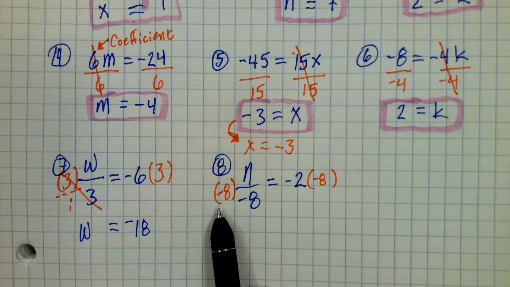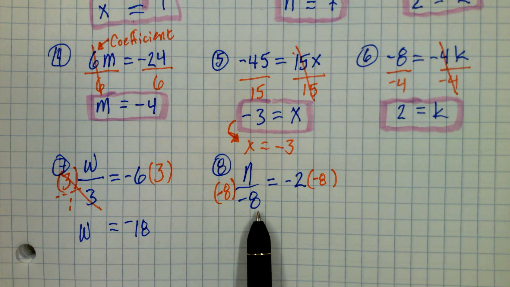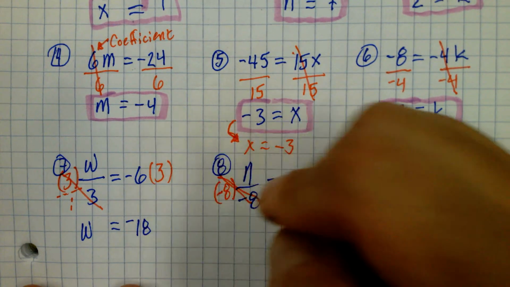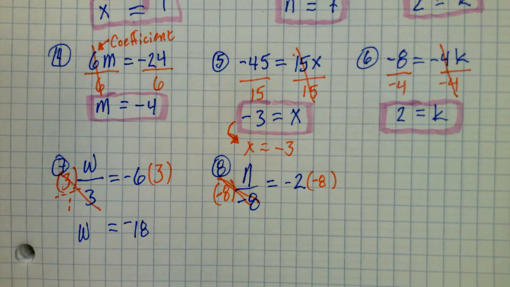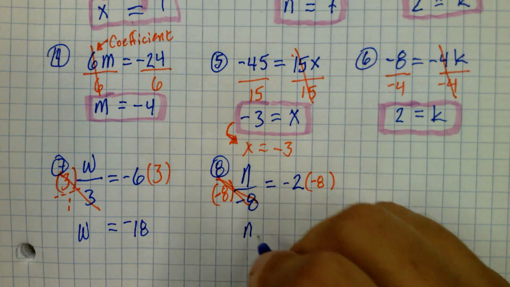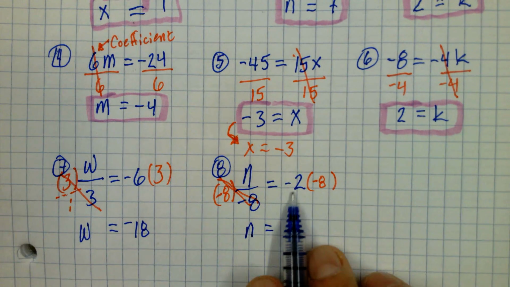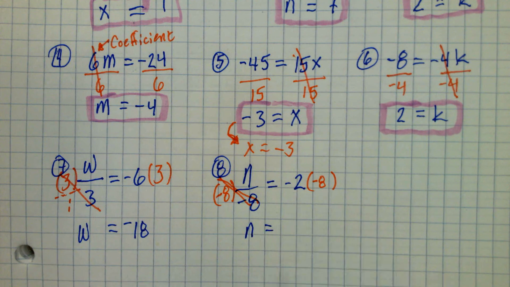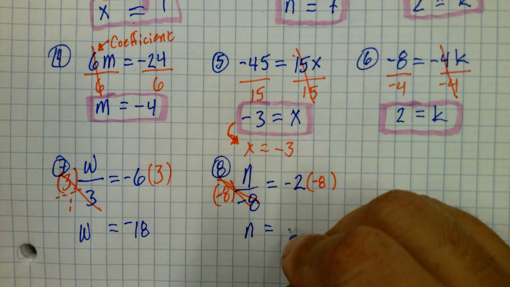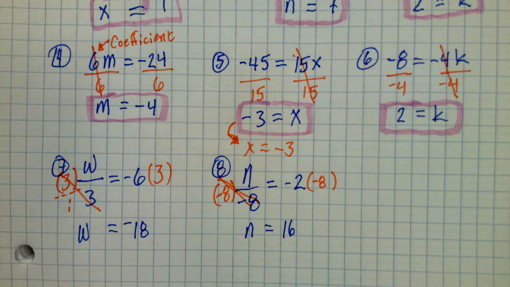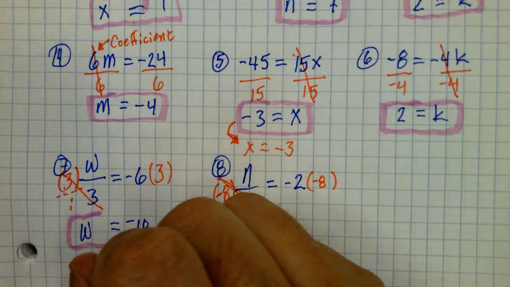Because remember, this is in the numerator, that's in the denominator. They're identical. So they make a positive 1. 1 times n is n. They cancel. And I get n equals negative 2 times negative 8. I believe that's positive, right? 16. Okay.